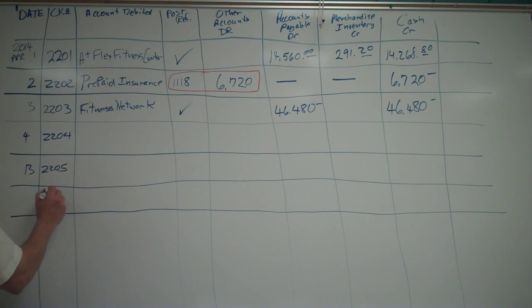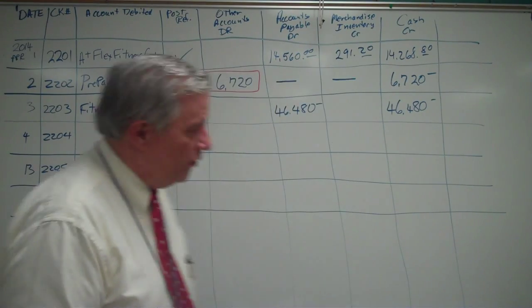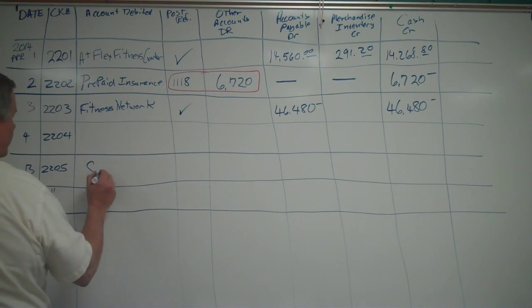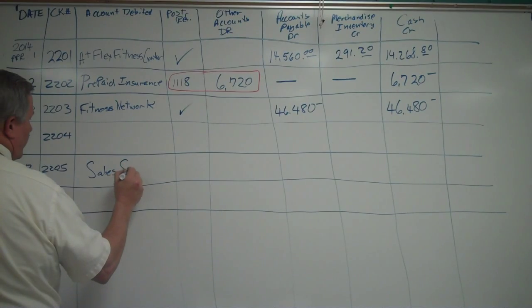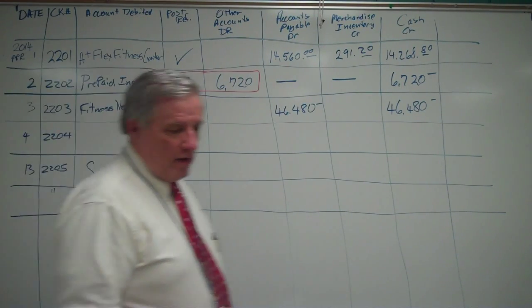I'll put ditto marks under the check number. The first one is sales salaries. The amount is $8,000.